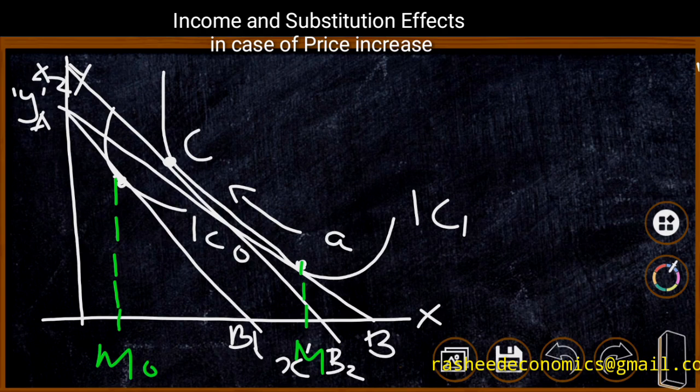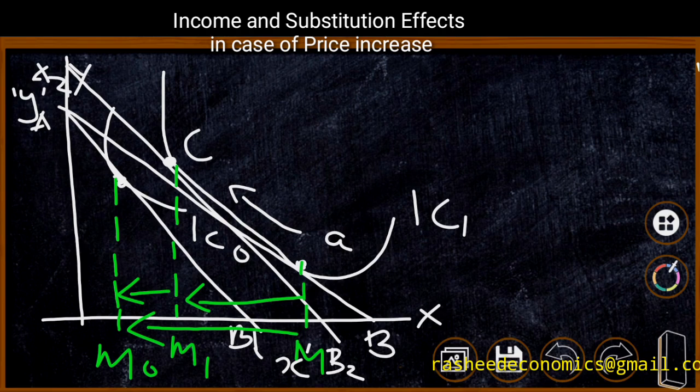We have split it into two, and we have got point C and the corresponding consumption is OM1. Therefore movement from M to M0 is the price effect, and the movement from M to M1 is the substitution effect, and movement from M1 to M0 is the income effect.